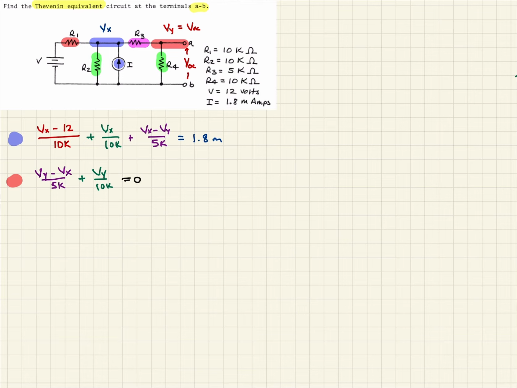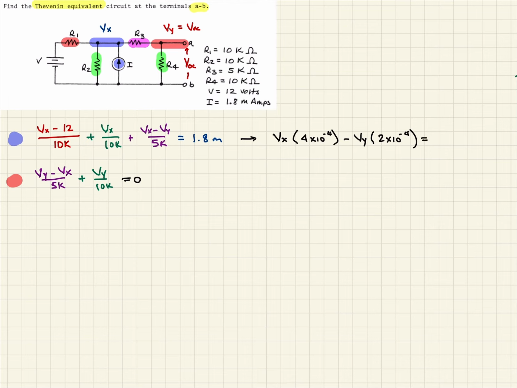So now we can simplify these equations a bit. And when we do, what we come up with then is Vx times 4 times 10 to the minus 4 minus Vy times 2 times 10 to the minus 4.